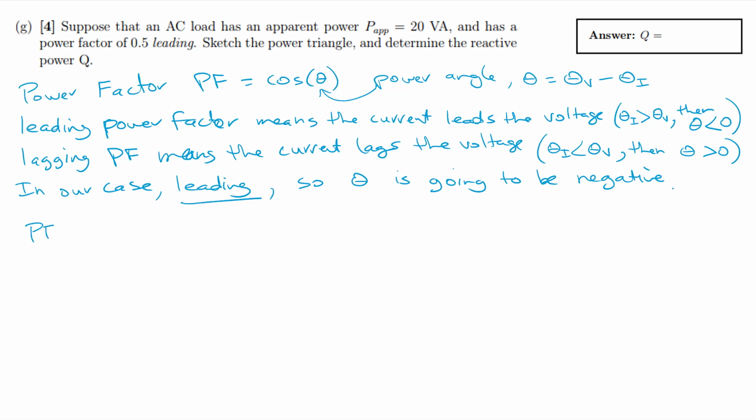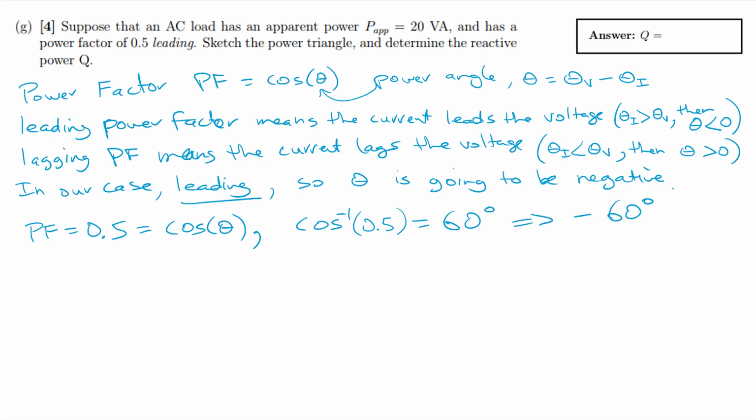We know the power factor, we were given 0.5 leading, and that's equal to cos theta. To find theta, we take the inverse cos, so cos minus 1 of 0.5 gives us 60 degrees. But we're going to convert that to minus 60 degrees because we're leading.